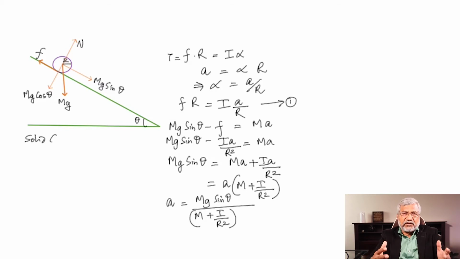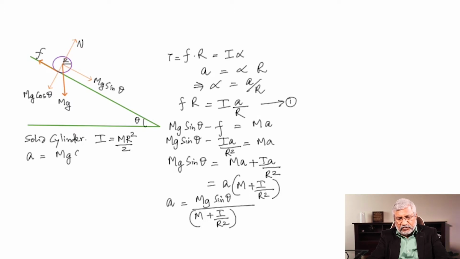But now assuming that this object is a solid cylinder, we got to substitute for I. And I for a solid cylinder, which is a disk actually, is mr squared by 2. So when you substitute that into this formula, you're going to get a is equal to mg sine theta by m plus, in place of I, mr squared by 2, and then simplify that.